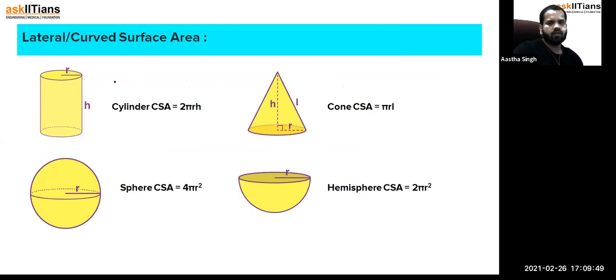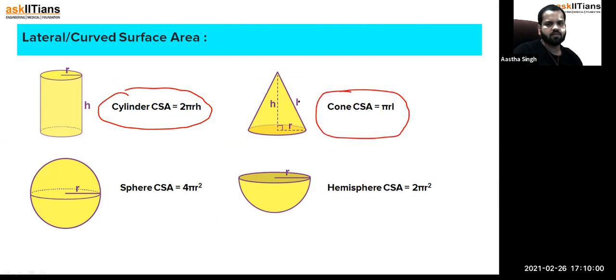So now we are discussing the cylinder. For the cylinder, your curved surface area is 2 pi R H. And the curved surface area of your cone is pi R L. Curved surface area of your sphere is 4 pi R square, and the total surface area is also 4 pi R square.